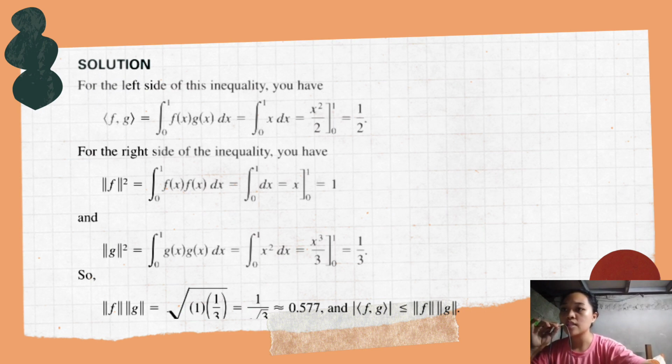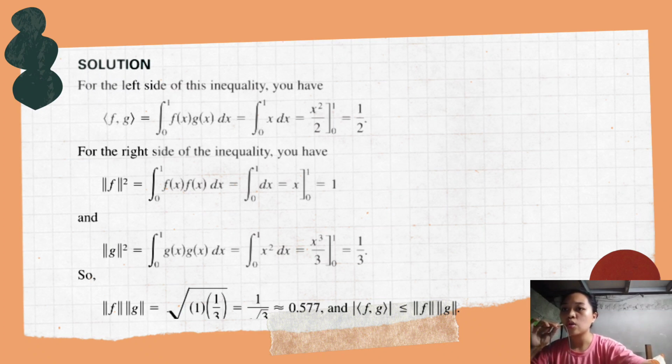And for the right side of the inequality, we have the norm squared of f equal to the integral from 0 to 1 of f(x) times f(x) dx, and we know that 1 times 1 is 1, so we have the integral from 0 to 1 of dx, and if we integrate, we get 1.